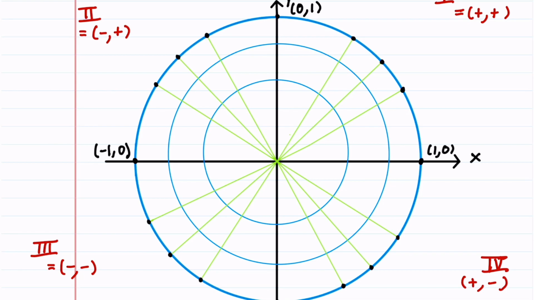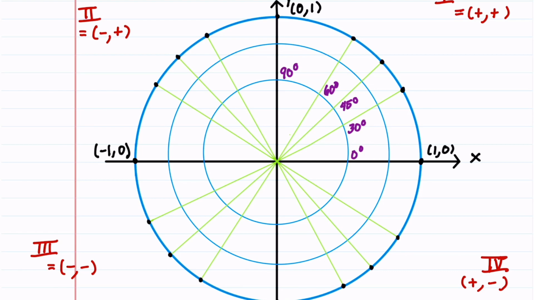The first thing we're going to do is write down the degrees that need to be memorized. So we're going to begin with the inner circle. So this is 0 degrees, and then 30 degrees, then 45 degrees, 60 degrees, and then all the way up to 90 degrees.